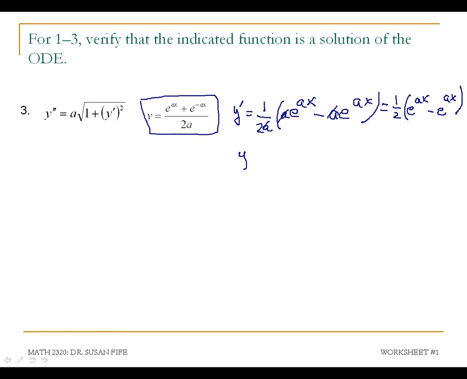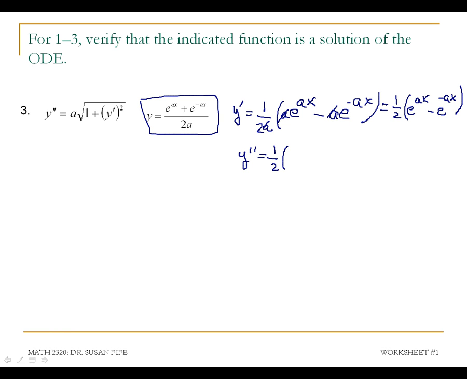And then for my second derivative, again, this 1/2 is a constant that just carries. We're just taking the derivative of e to the ax minus e to the, actually this should have been a negative ax. That should be a negative there, and this should be a negative there. So that 1/2 is just going to carry in front.